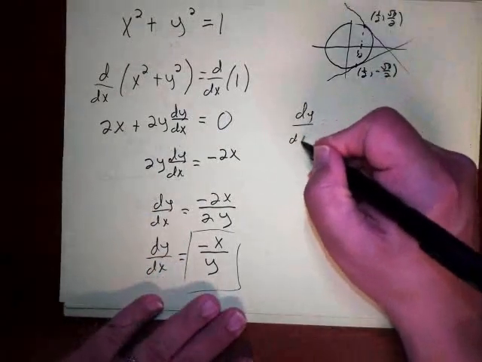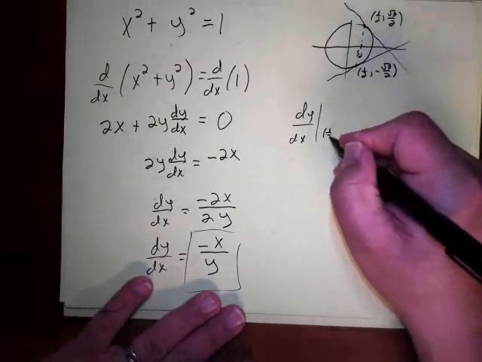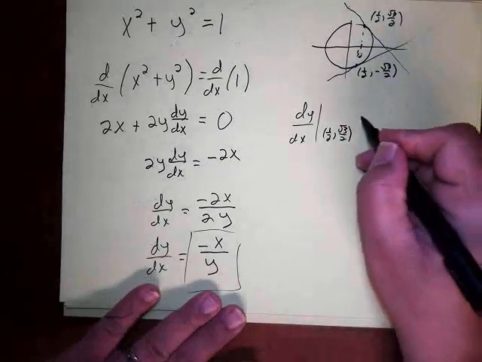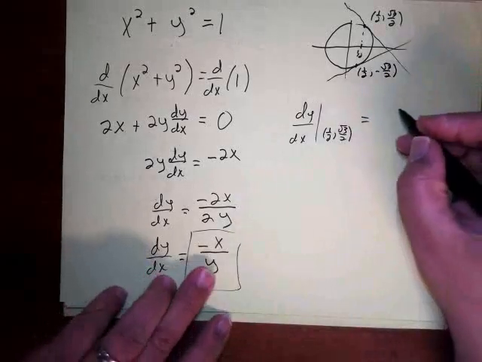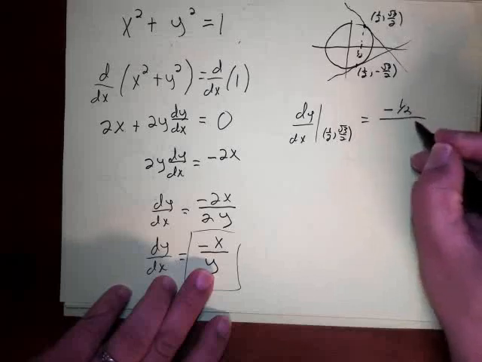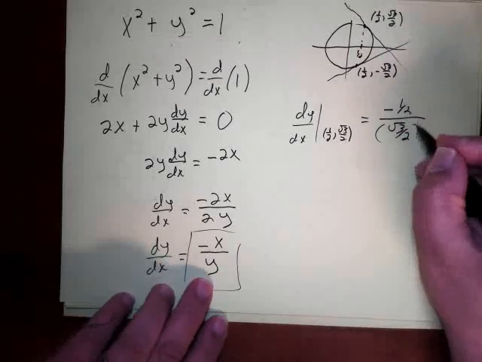So if I want to find the derivative at this point, I could write it like this: dy dx at the point 1/2, square root of 3 over 2. Okay, so now I'm going to put this into this expression. So if I do this, I'm going to get the opposite of 1/2 over, and then the y would be square root of 3 over 2.